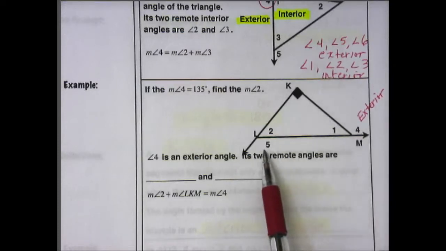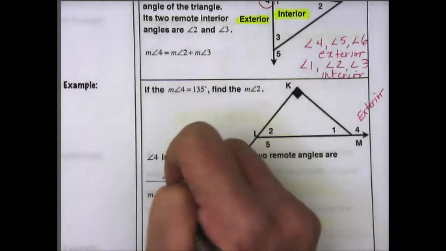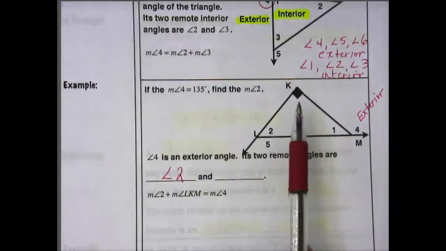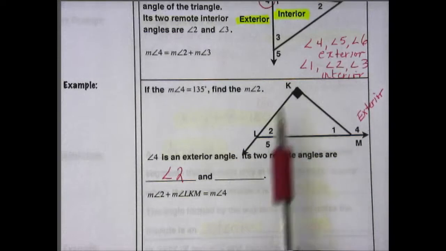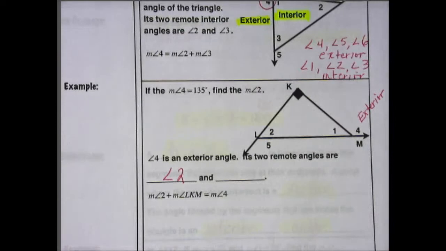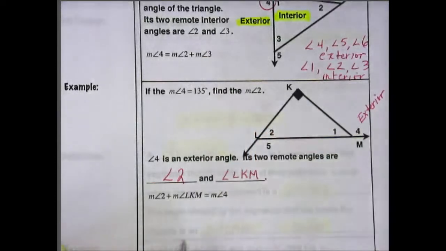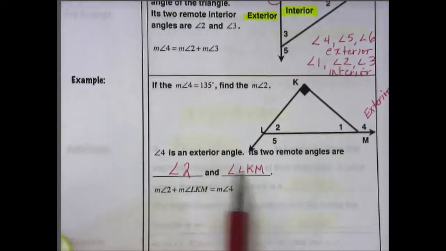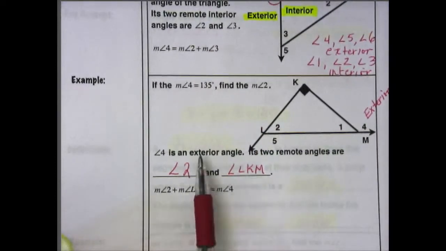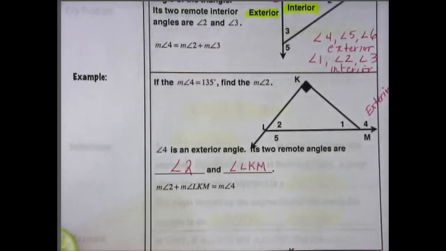It can't be angle 5 because angle 5 is exterior. We need interior angles. So angle 2 is going to be one of the remote interior angles. And then angle K, or we could say LKM. Remember that angles can be named in many different ways. So let's just call it angle LKM. So when we figure out that those two are the remote interior angles to angle 4, we know that when we add them together, they're going to equal angle 4.